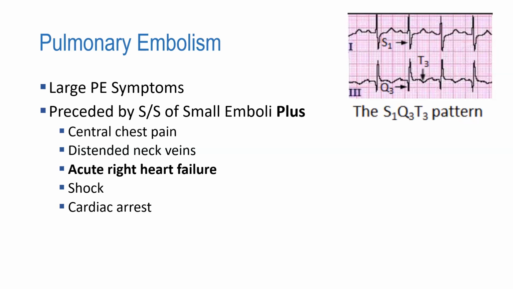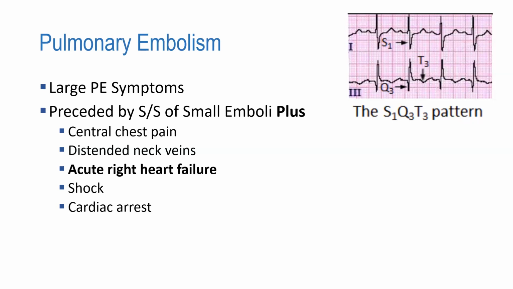Okay. All right. So again, large PE symptoms preceded by small emboli, but large symptoms, you have central chest pain. The neck veins are distended because you've got obstruction in the pulmonary vault. So you're not flowing blood through the pulmonary vessels.